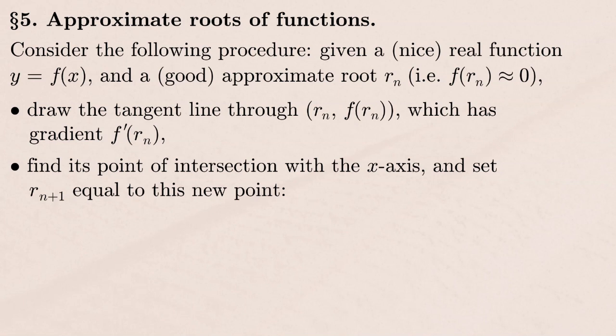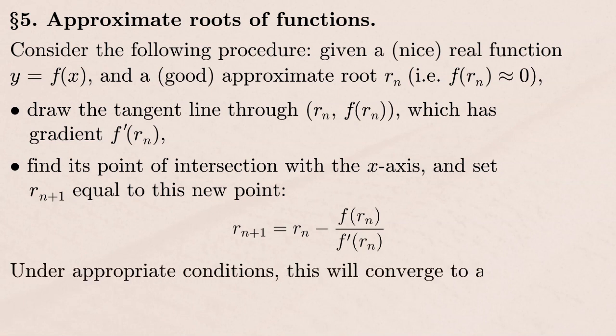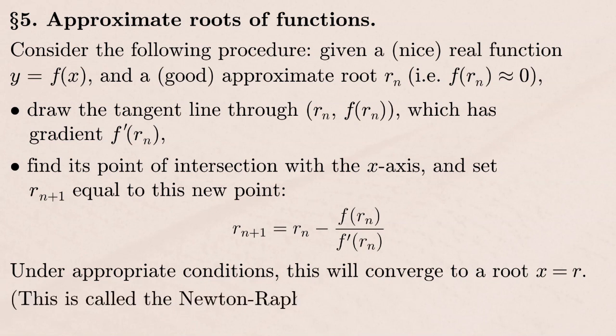If you do that calculation, you'll see that you're setting Rn plus 1 equal to Rn minus f of Rn over f prime of Rn. Keep that formula in mind, because it'll come up again in a minute. The point is, under appropriate conditions, this will converge to a root, x equals r, and this is called the Newton-Raphson method when it's applied to real functions.